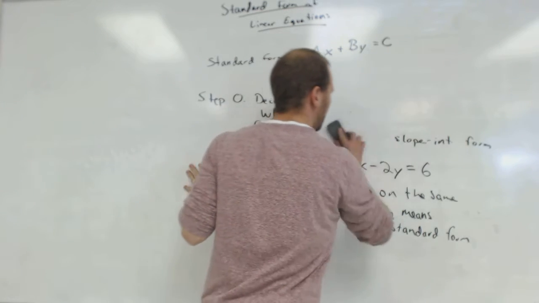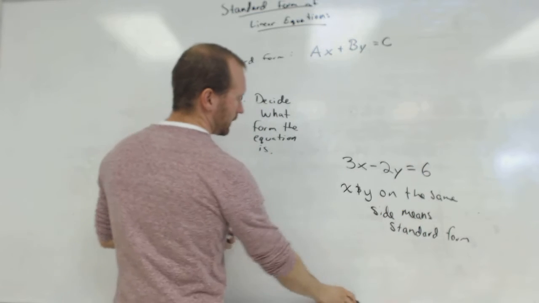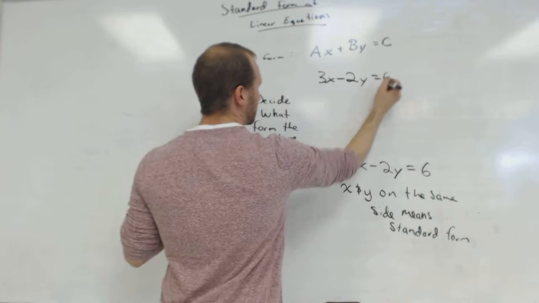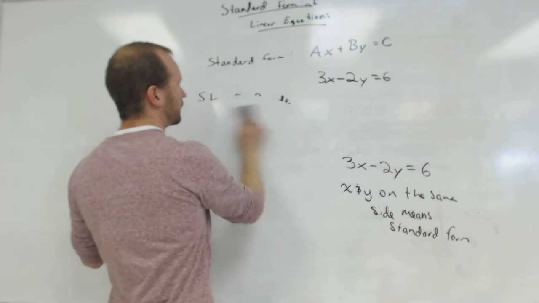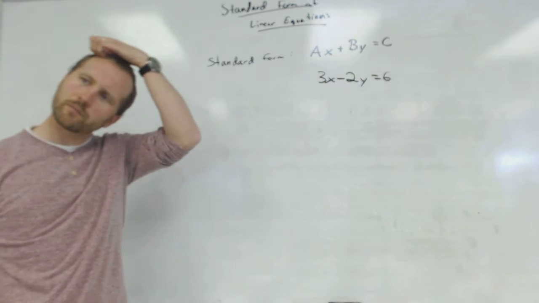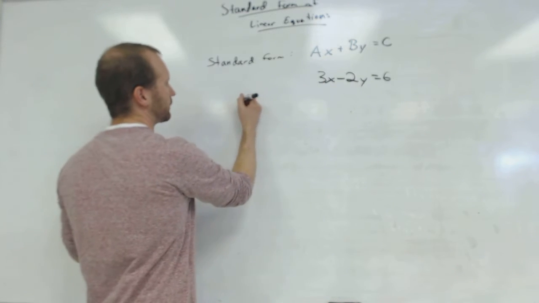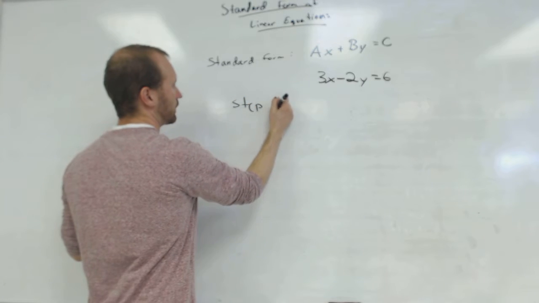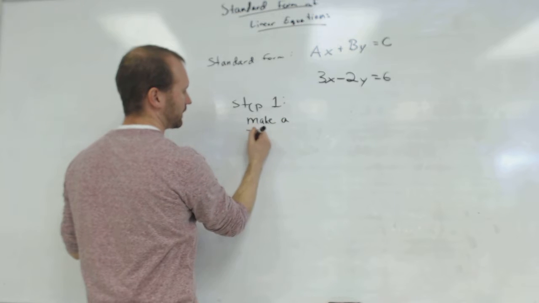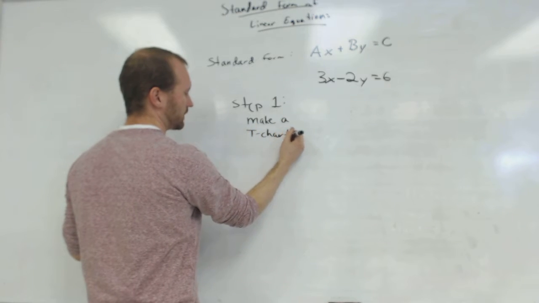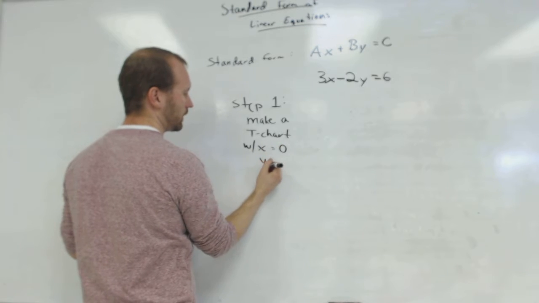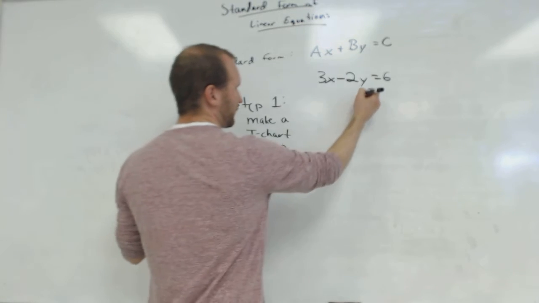So let's take a look at this equation. 3x minus 2y equals 6. Since we decided that this is in standard form, step 1 is make a t-chart with x equaling 0 and y equaling 0.